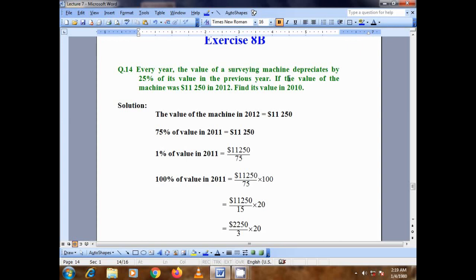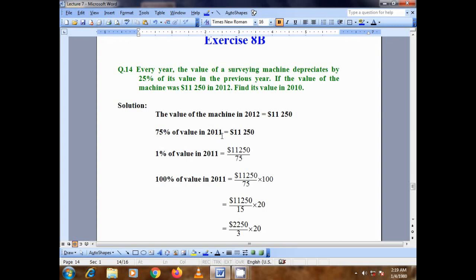We have done such questions, just like in question number 1. If we are given a decreased value, we subtract the given percentage from 100. If we are given an increased value, we add the given percentage to 100. In this question, since the value decreases by 25%, we subtract 25 from 100.